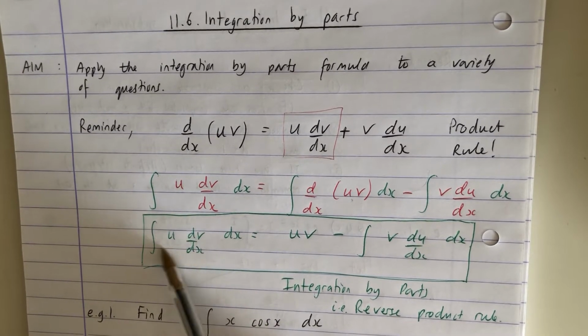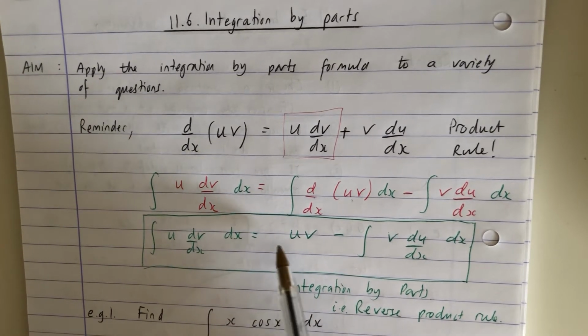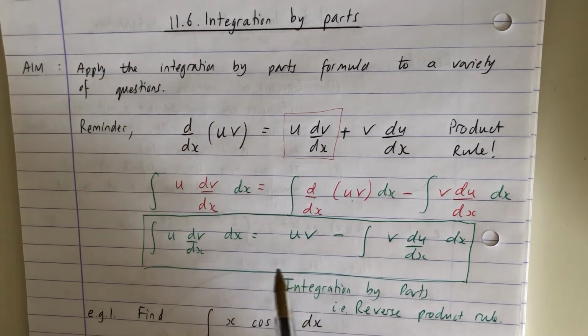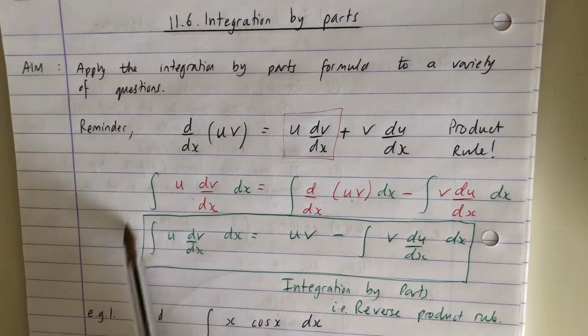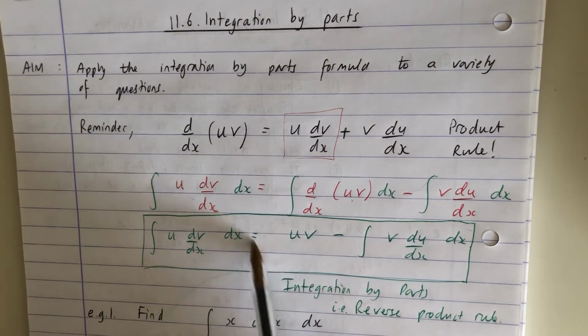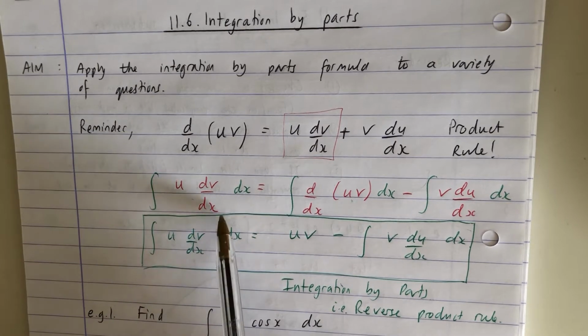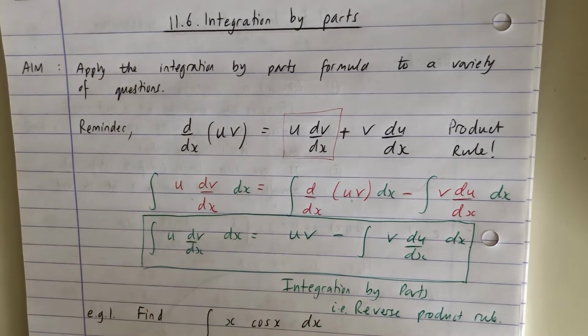One of them is going to be called u, the other one is called dv by dx. And you're going to substitute it into this formula, and it should give you an integration which is easier to do. Because if you look at this left hand side, you've got an integration. Look at this right hand side, you've got one integration. The one on the left will be really difficult, and on the right will be a lot easier. So the aim is to use this formula to make the integral even easier to work out.